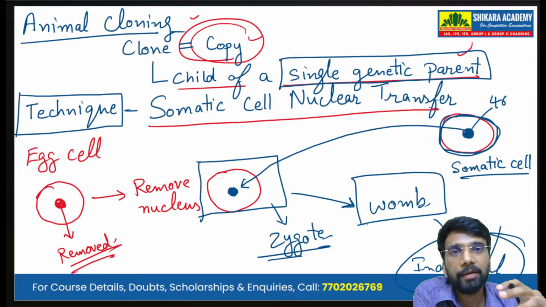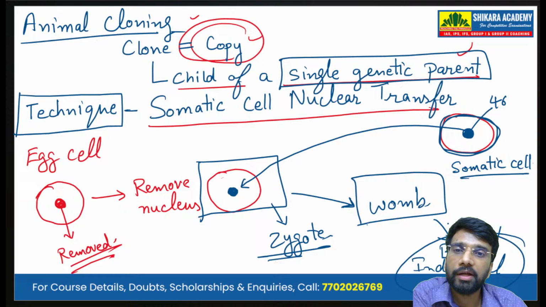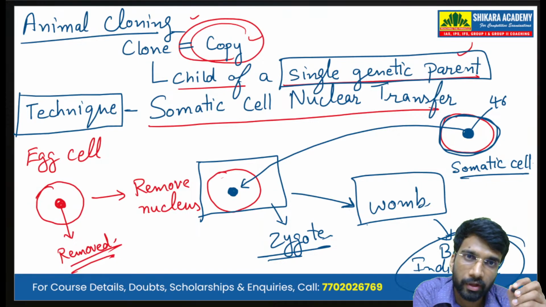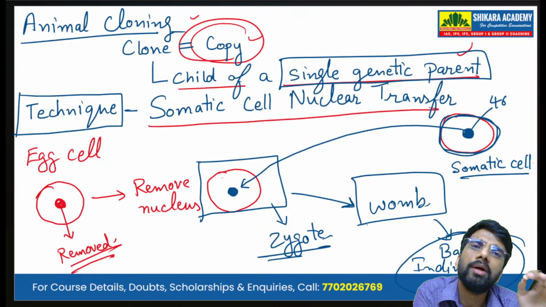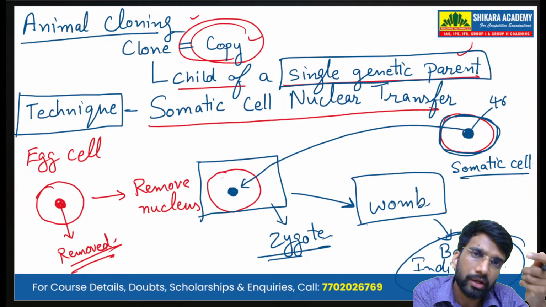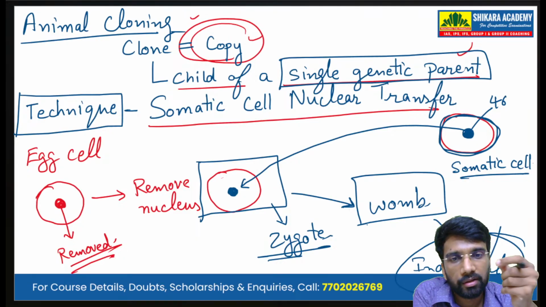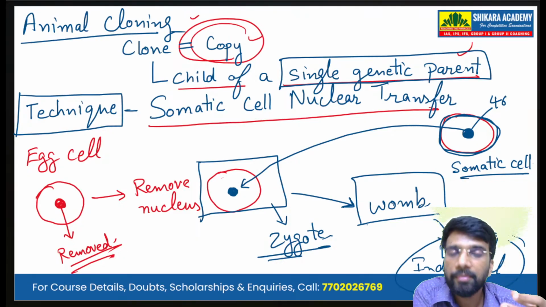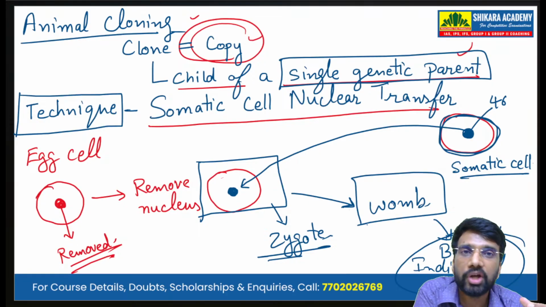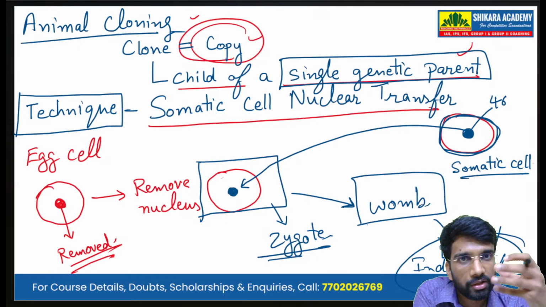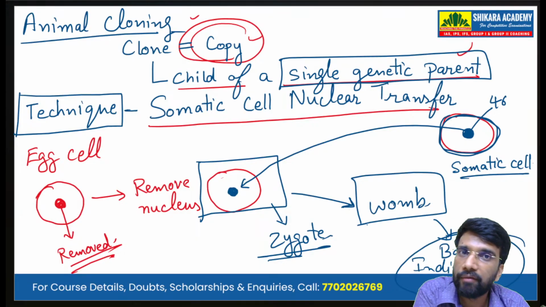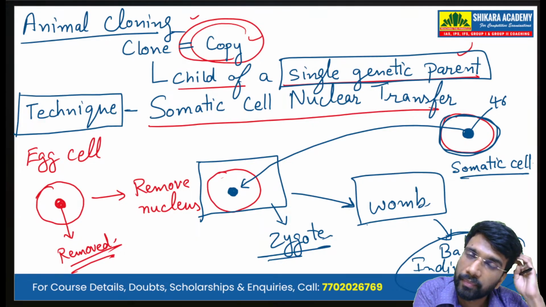So the genetic makeup of that particular clone will be identical to the parent from which the somatic nucleus has been taken. Okay. The female or the mother who is carrying the child in her uterus, genetically she won't be having any effect on that particular baby.